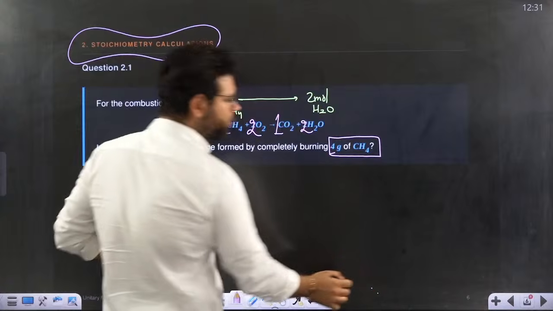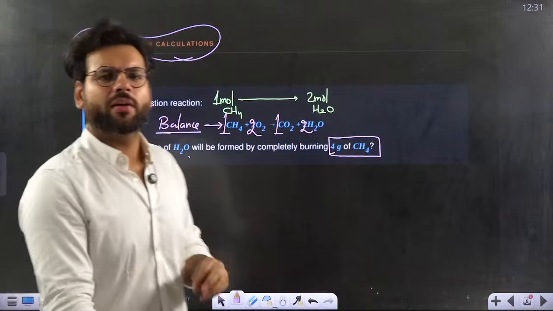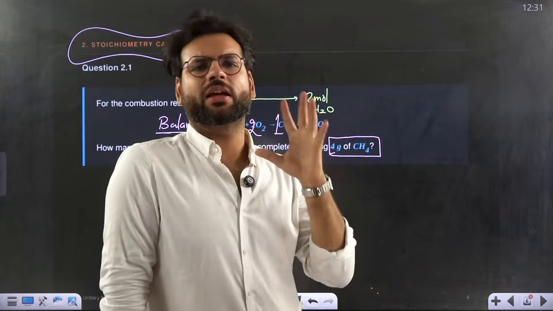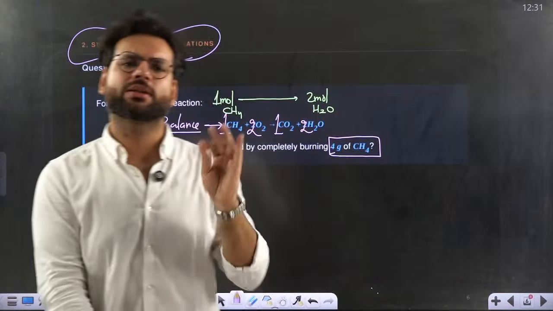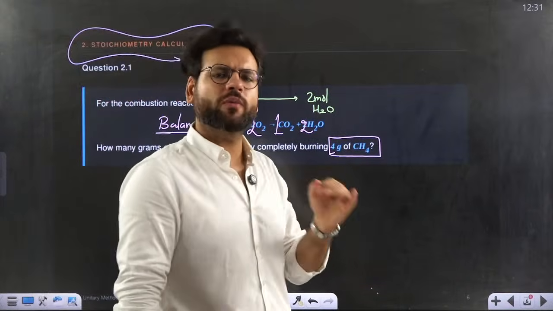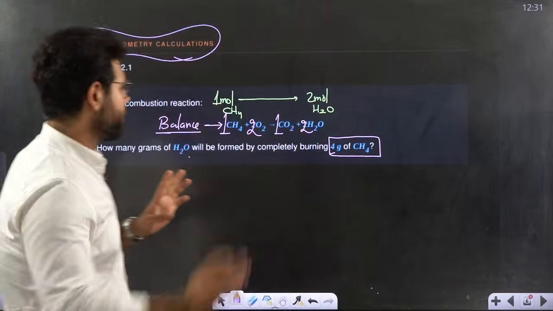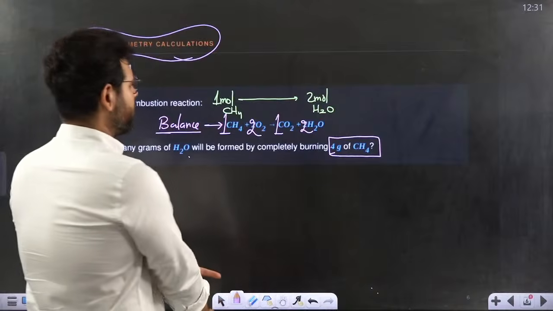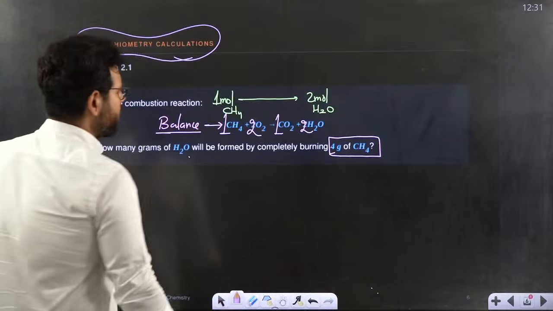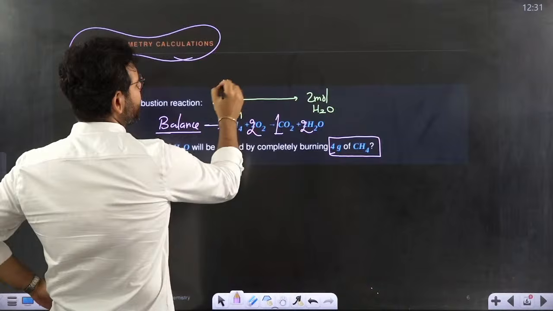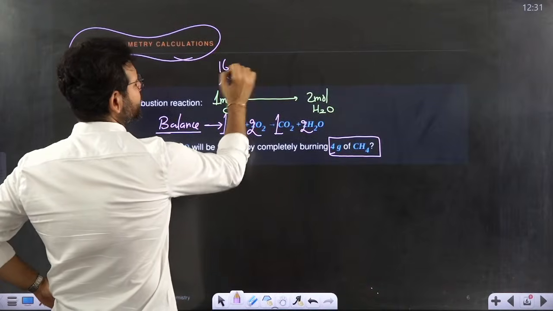You are allowed to compare anything with everything. Means you can compare mass with mass, mass with volume, volume with molecules, anything you can compare and tell the answer. Yes, Rahitya. Okay, that's correct. So 1 mole of CH4, I can write it as 16 grams.